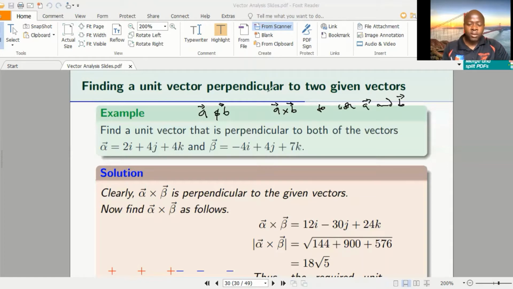For us to do this, the first thing we will do is get the cross product of the two vectors, and then for the vector that we have obtained, get a unit vector in its direction.